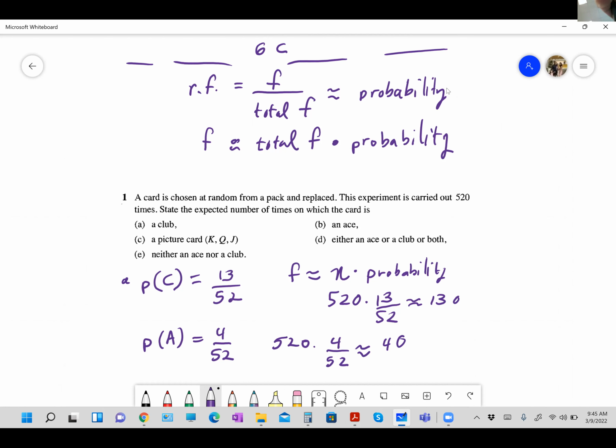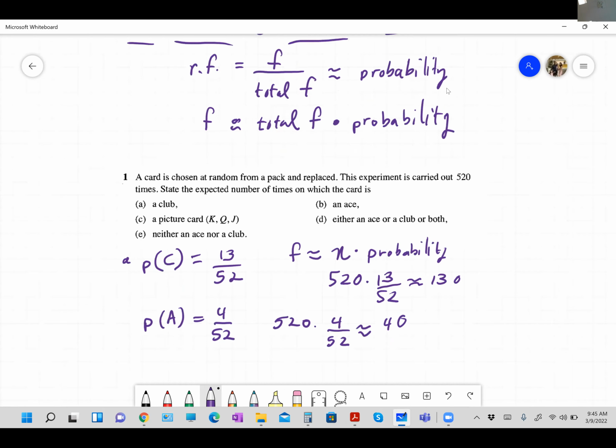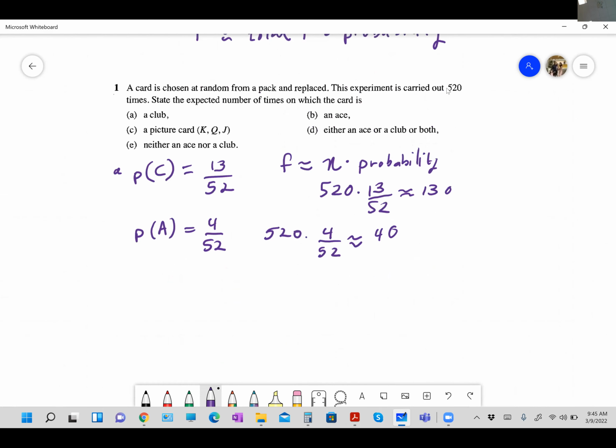All right. So here's what I want you to do. Your homework, and I'll write it here. Your homework is page 108, 1 through 5, all miscellaneous exercise 6.